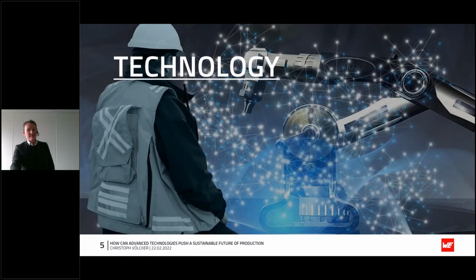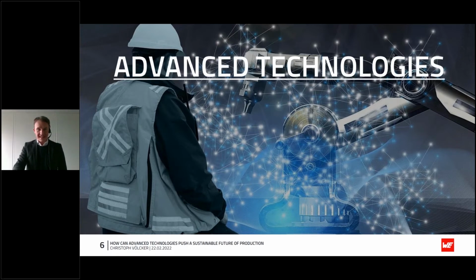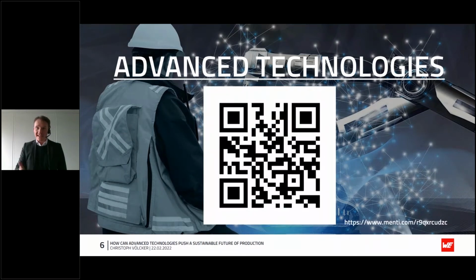Now it comes to the point that I do hope you are awake enough that you can help me out. What is up in your mind if it comes to advanced technologies? Please feel free and use your mobile with the internet, scan this QR code and you will be led to the topic advanced technologies, where you can type in some buzzwords you have in your mind. Advanced technologies, what does it mean to you?